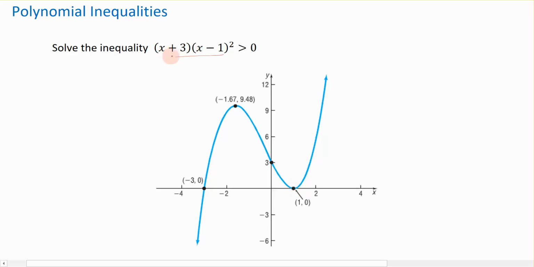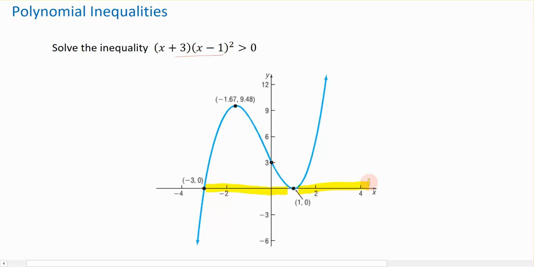Now, if I want to ask you, where is the function greater than 0? I'm basically asking you, where is the function above the x-axis? So I'm looking at the picture down here, and I can say, well, I am above the x-axis within this section, and then again I am above the x-axis over here on that section.